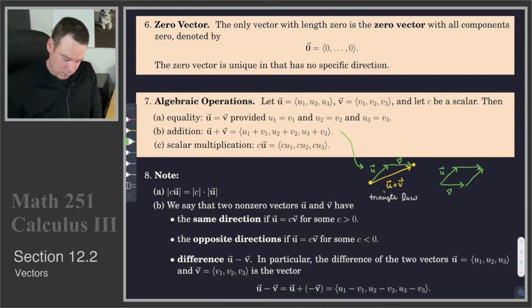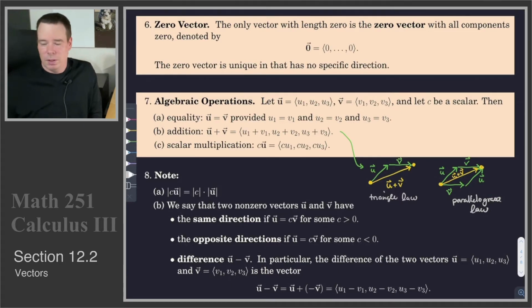And the 2 copies, you can see them there, they're really the same vector. I took a couple of copies of v, a couple of copies of u, and I made a parallelogram out of them. Now the sum of the 2 vectors is just the diagonal of this parallelogram. So that's u plus v. And that's called the parallelogram law for adding 2 vectors.